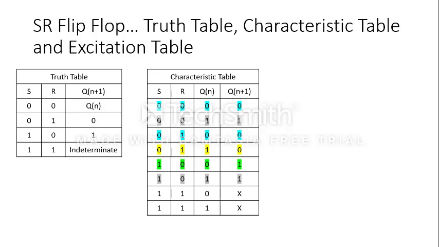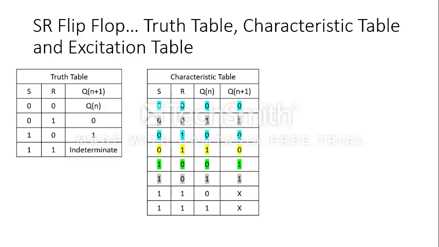Simply think that all these things happen when your clock pulse is 1. And they will not happen, or your present output will not change, when your clock pulse is 0. So if you put another column like clock and set this clock as 0, all this Qn plus 1 will be similar to Qn.